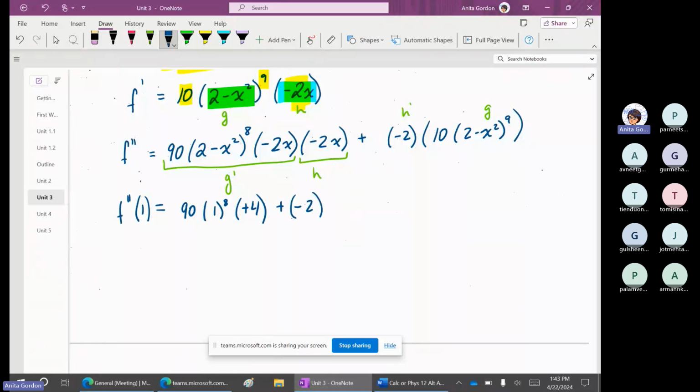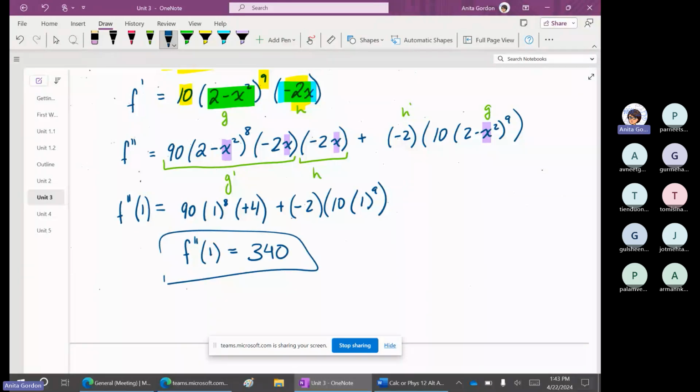Plus negative 2 times 10 times 1 to the power 9. Right, so I'm substituting every x I see with a positive 1. So f double prime of 1 equals 340. Wonderful.